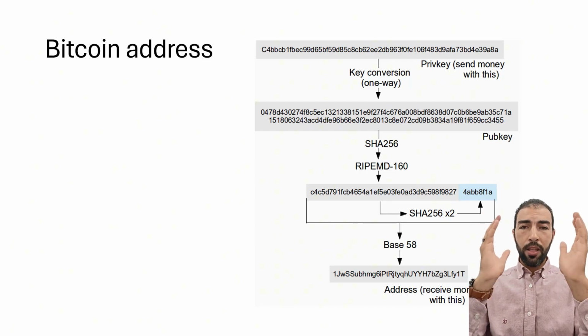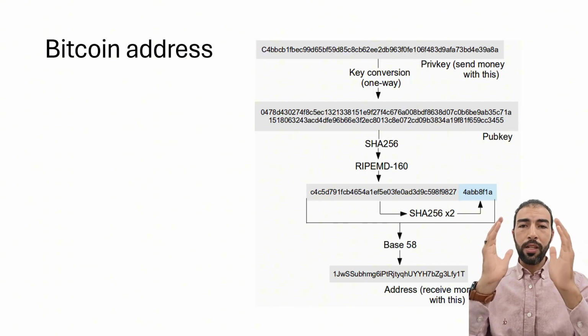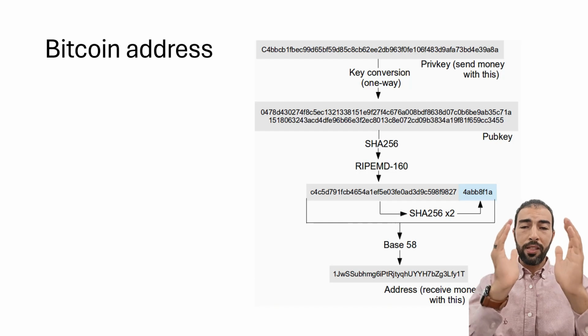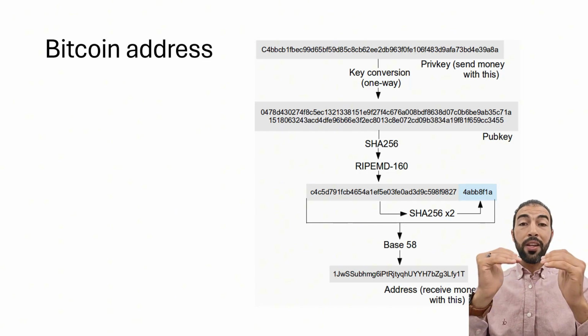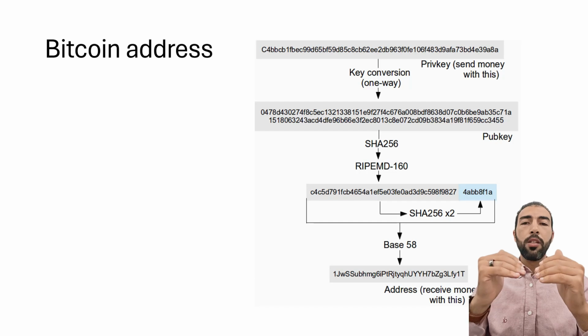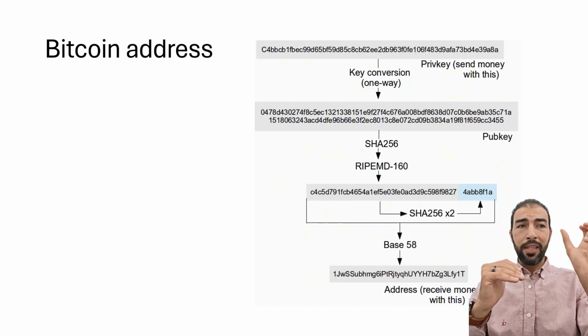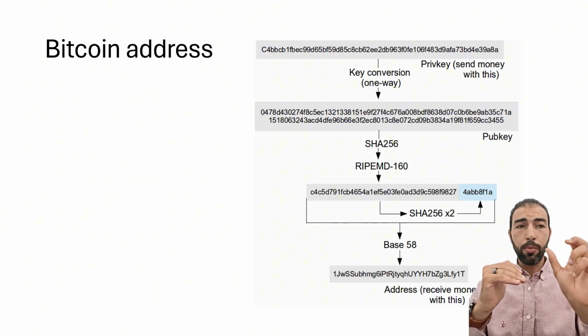We will shrink it through SHA-256, which is a type of hashing. Then we apply another hash for more security. Then we add some data after it and hash it again.